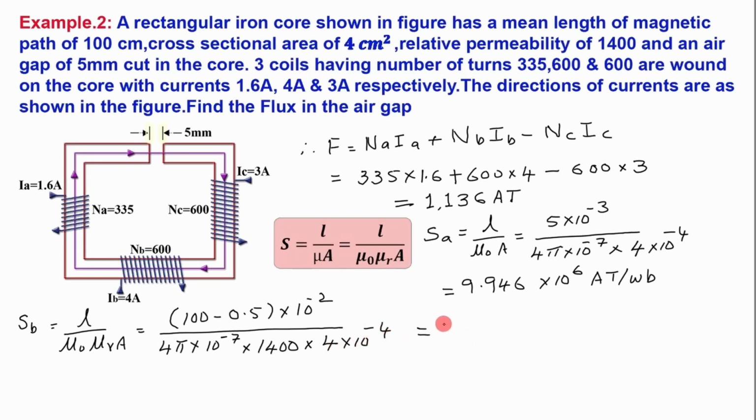This is equal to 1.414 into 10 raised to 6 ampere turns per Weber.